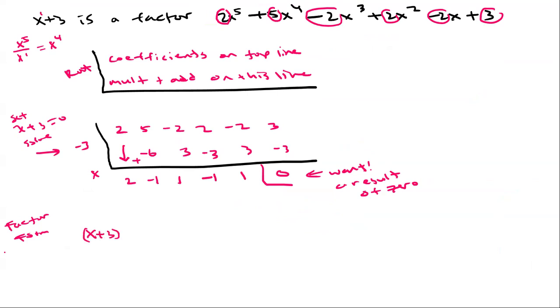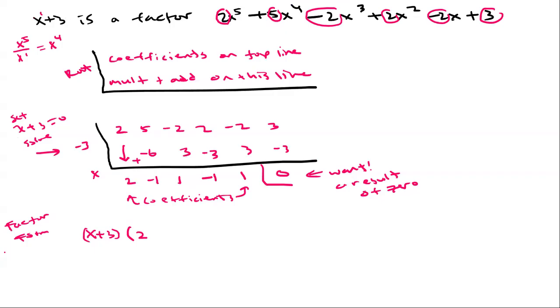Okay? And then what are these? These are the coefficients, right? These here are coefficients. All of these here, those are all coefficients of our new polynomial. So in this case, the first one will be 2.